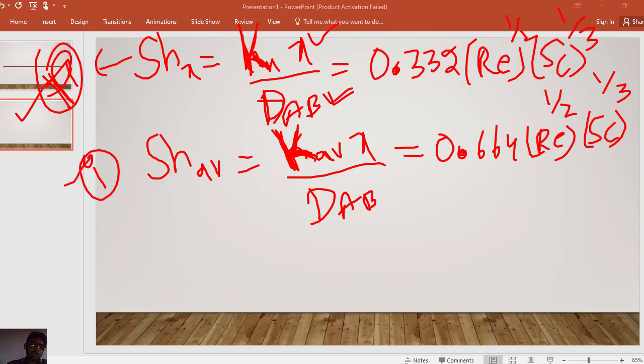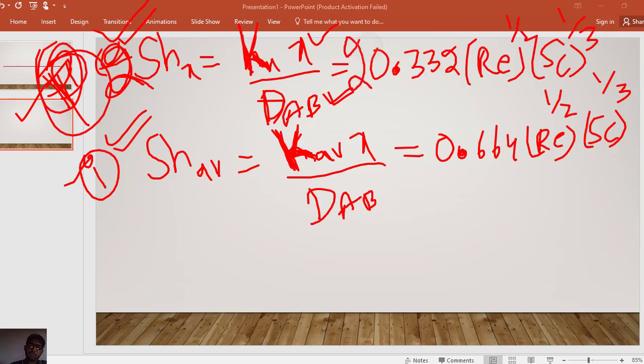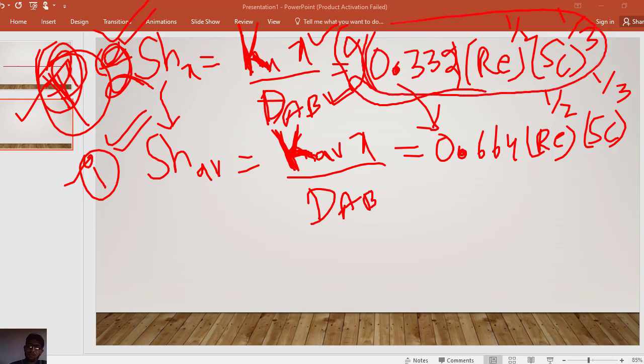So from equation I and equation P, if we compare them, we will get that if we multiply 2 with the local Sherwood number on both sides, we will get this number, and this number is the average Sherwood number.